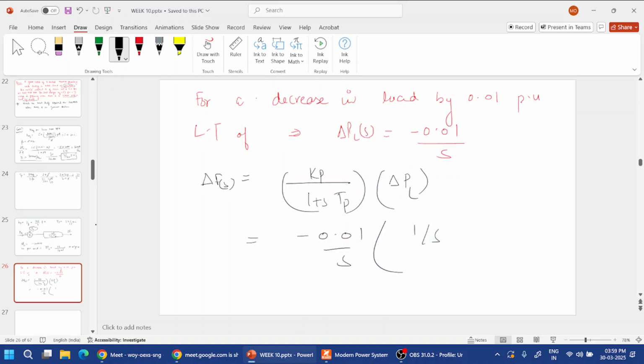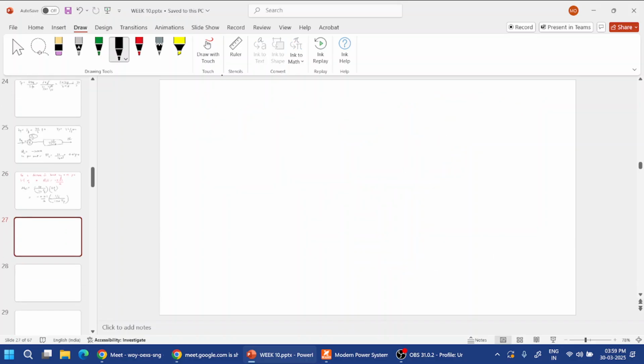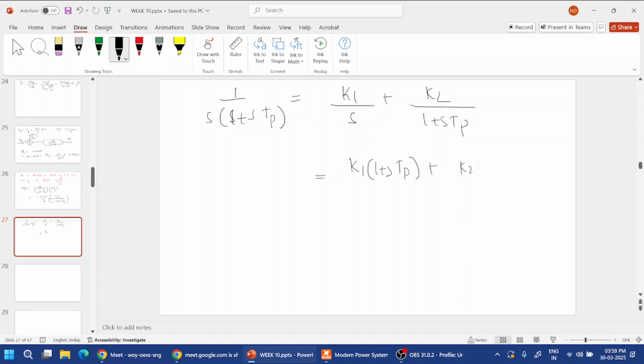Okay, 1 upon s times 1 plus sTp. We know how to calculate this value. Let 1 upon s(1 plus sTp) be equal to K1 upon s plus K2 upon 1 plus sTp. We know how to calculate these K1 and K2. So K1(1 plus sTp) plus K2 s divided by s(1 plus sTp) is equal to 1 upon s(1 plus sTp).